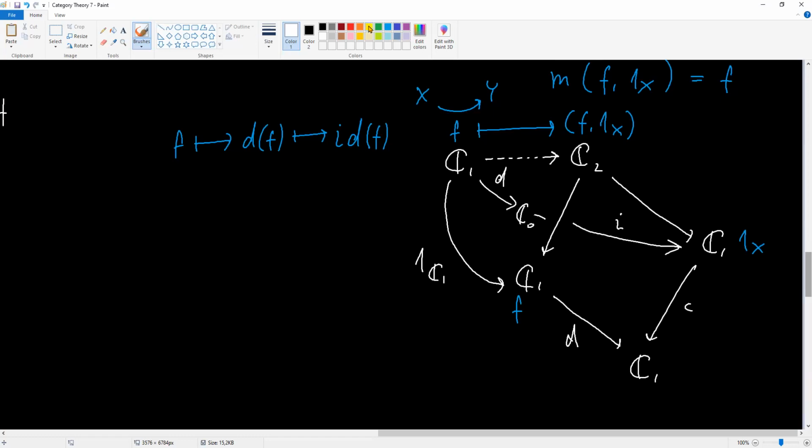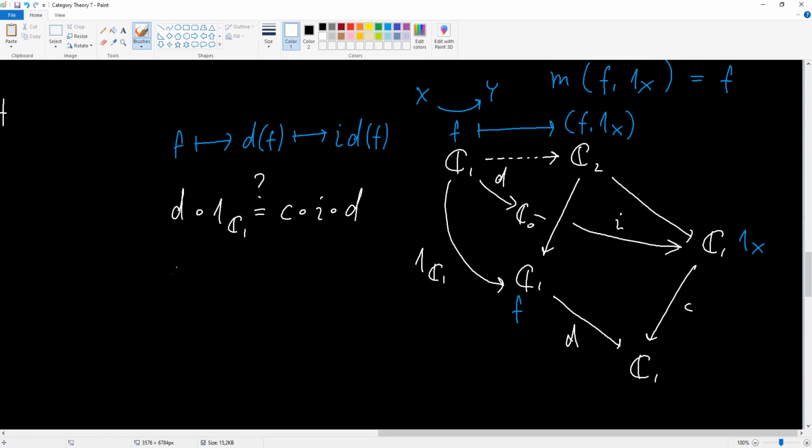Okay, but now to generate this arrow from C1 to C2, I want to confirm that D composed with identity of C1 equals C composed with I composed with D, right? Okay, so I want to confirm this.